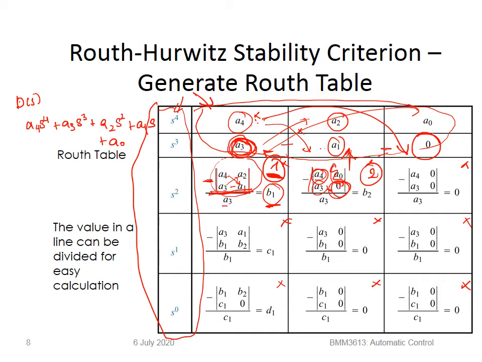So you get a4 multiplied by 0 minus a3 multiplied by a0. Again, you put a minus in front of the calculation and you divide by the same thing as in the table beside it, the first value of the row on top of it, a3.